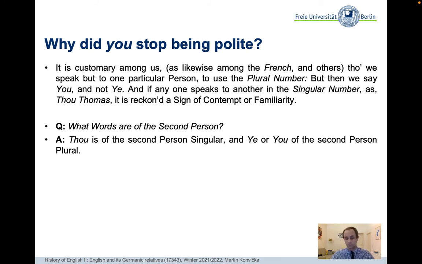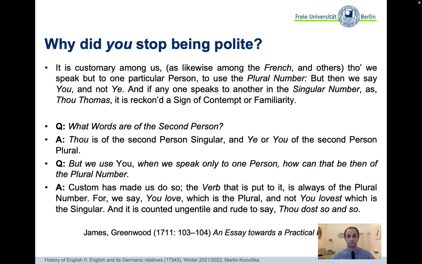Right? And this grammar book then has a series of questions and answers, and one of the questions is, what words are of the second person? And then the answer is, thou is of the second person singular, and ye or you of the second person plural. But then this person, James Greenwood, says, but we use you when we speak only to one person.